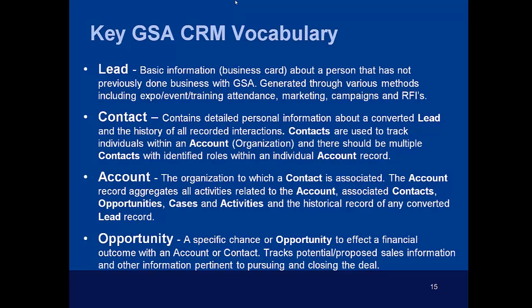The important thing to remember about those is that your people are always related to an organization, or an account. The account is the record that represents that organization in Salesforce, and that's where you'll have all of your main information about the organization, the main phone number, the main website, that kind of stuff.